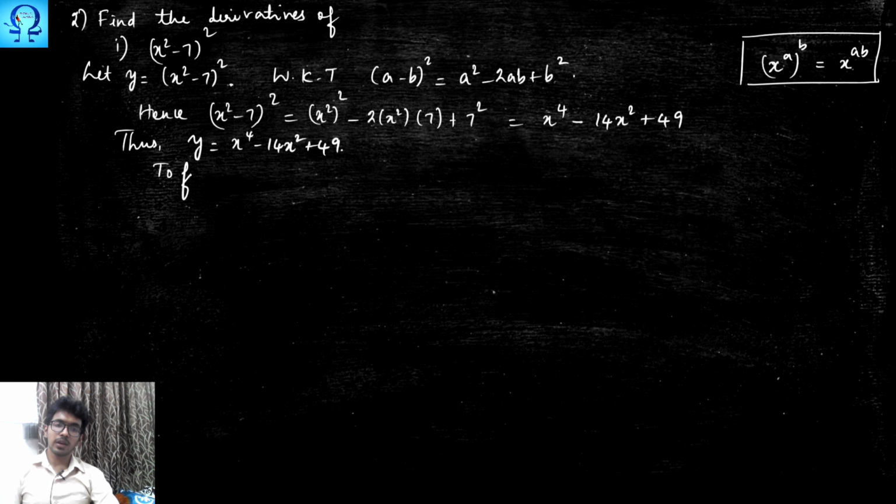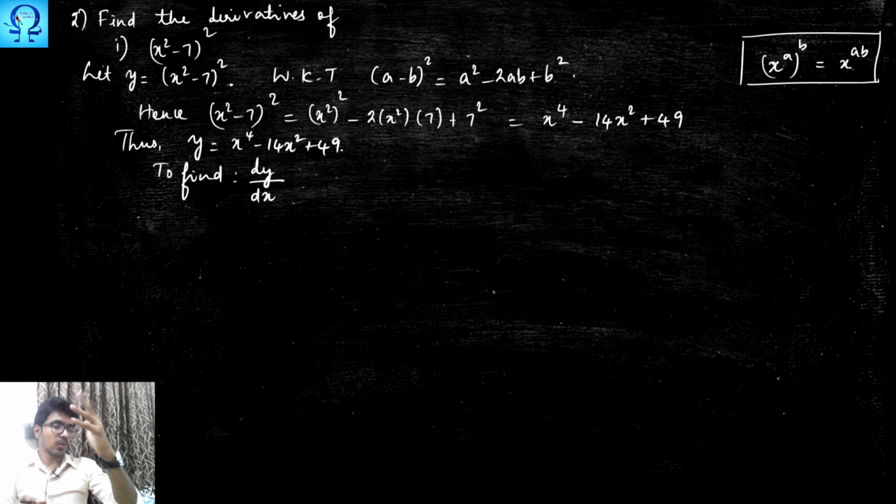Now we need to find out dy upon dx. In the previous problem, we were asked to differentiate the following function with respect to x. Here in this problem, we are given to find the derivatives of. Simply they have asked us to find the derivative.